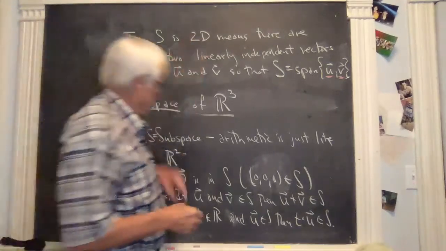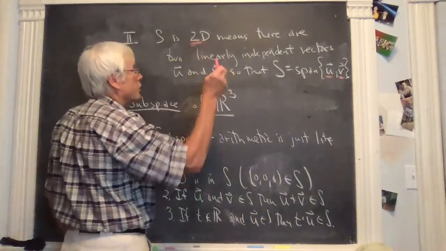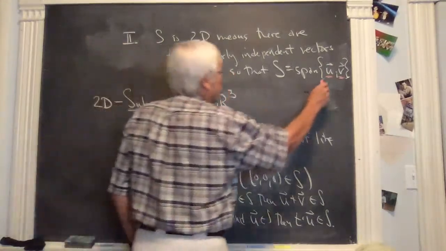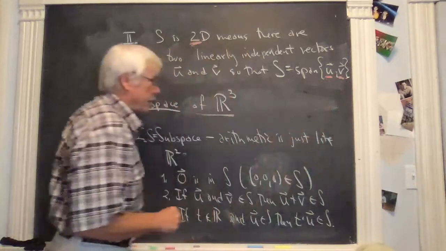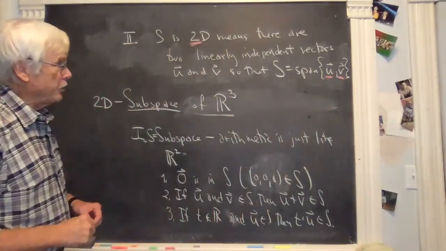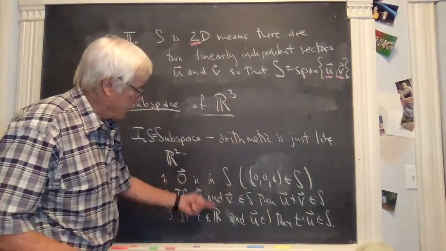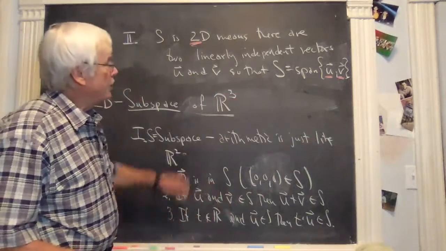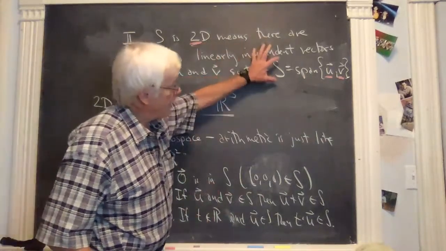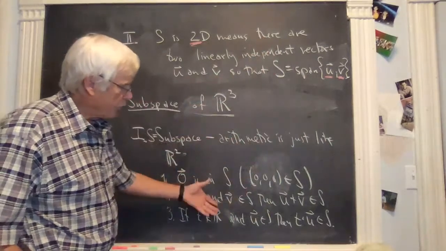So the 2 in the 2D has to do with the fact that there are 2 of these vectors and S is the span of them. And since S is a span here, it automatically contains all of these properties. So S being a span of something tells you immediately that S is a subspace.